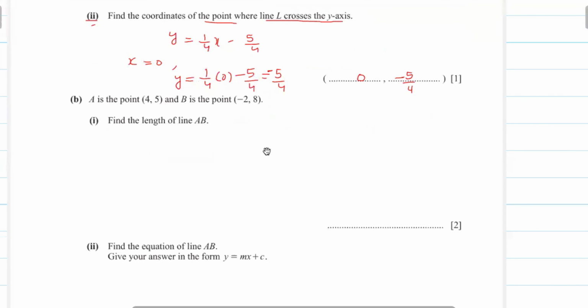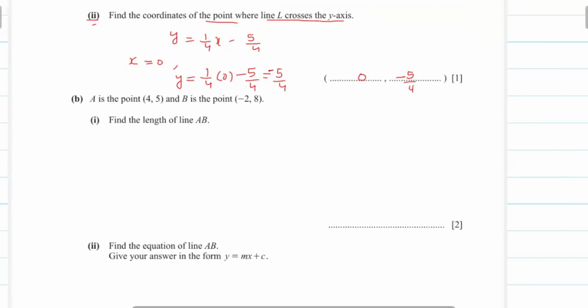Part B. A is the point (4, 5) and B is the point (-2, 8). Find the length of AB. The length of AB we can find by using the distance formula. The distance formula is the square root of x2 minus x1 whole square plus y2 minus y1 whole square. Therefore, we mark here: this is x1, this is y1, this is x2, and this is y2.